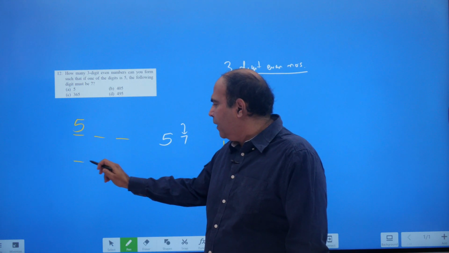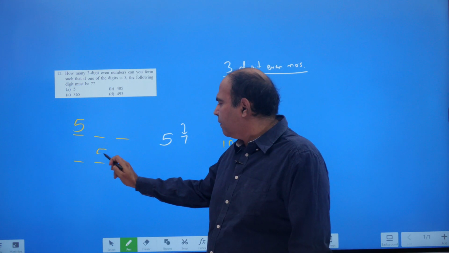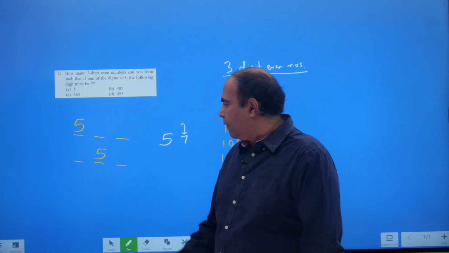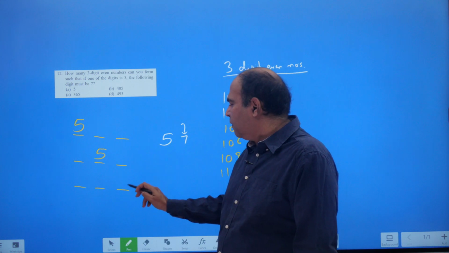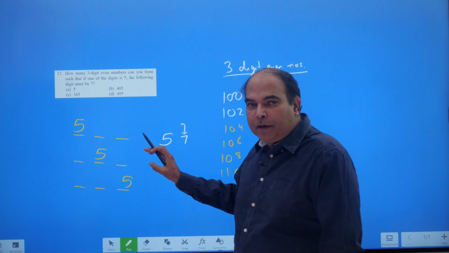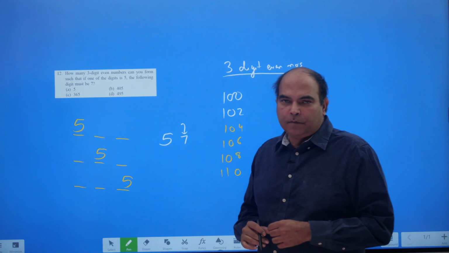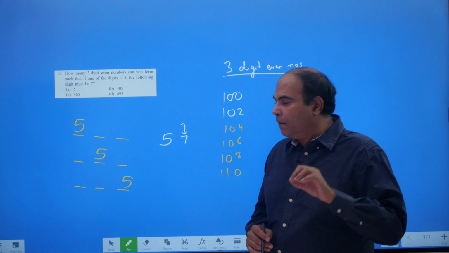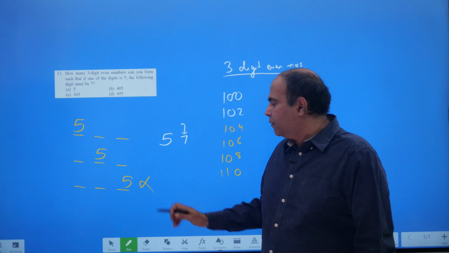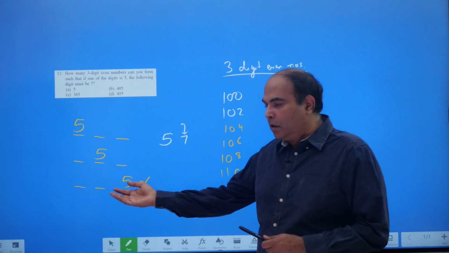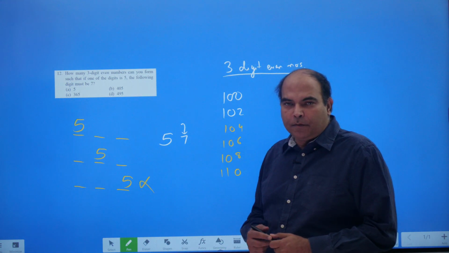In general, for a three-digit number, a 5 can appear in any one of these three digits. But since we are talking about three-digit even numbers, the last place is ruled out, because if a number is ending in 5, it's not an even number.